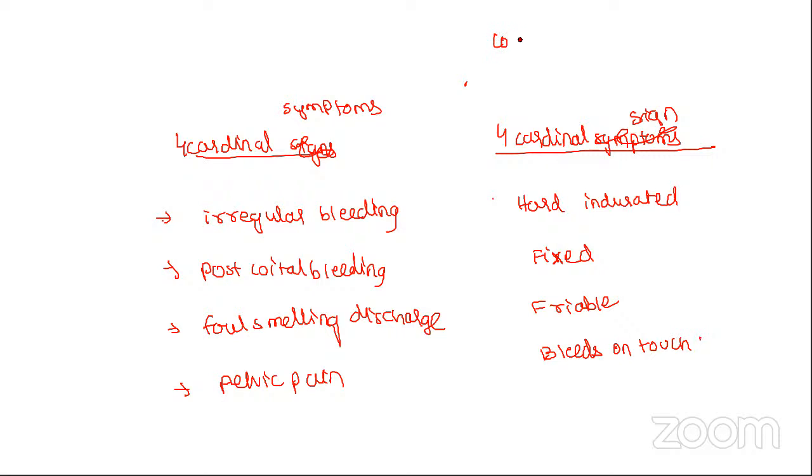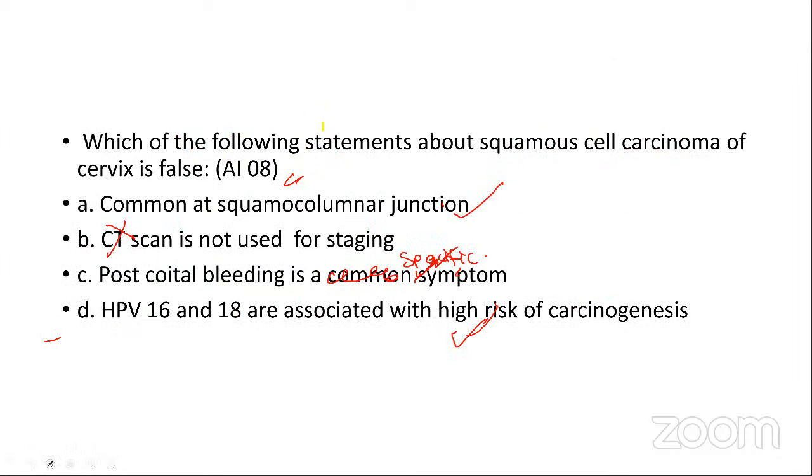And the complications of carcinoma cervix are, it's a quick revision of carcinoma cervix I'm telling, you can remember it as PUFF: pyometra, uremia, and fistulas.